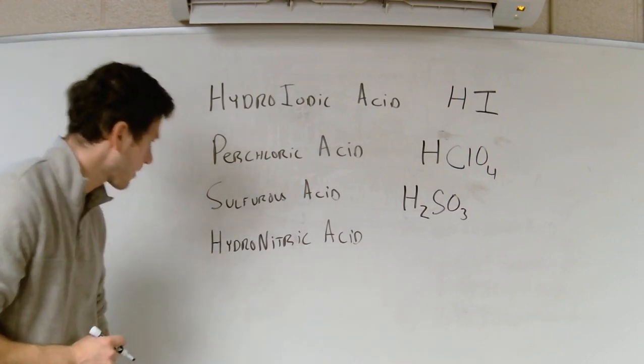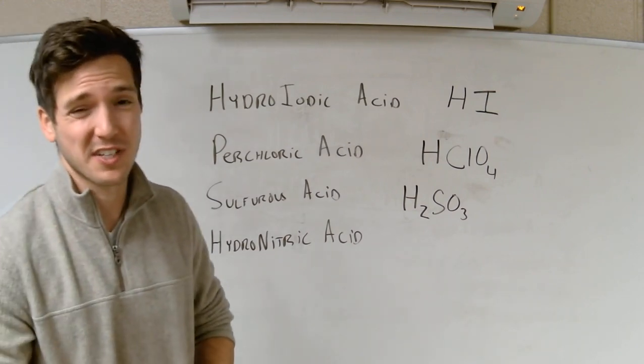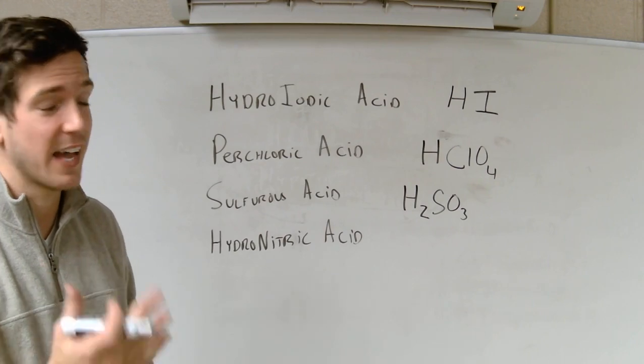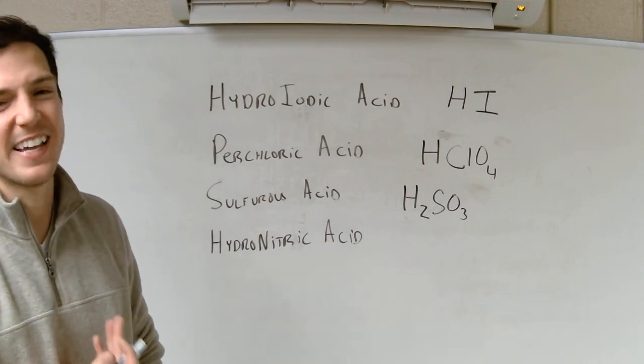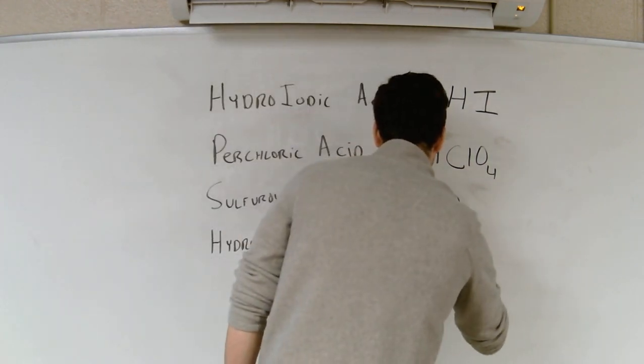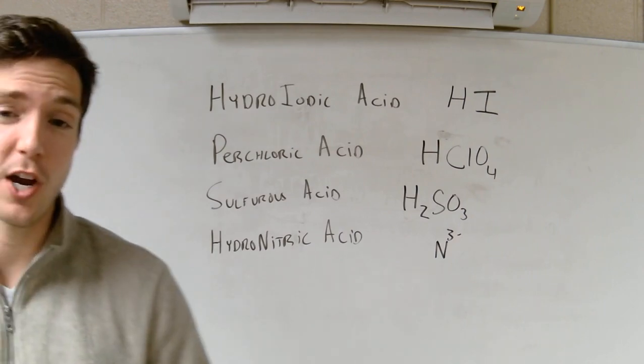Last one, hydronitric acid. It has a hydro in it, so it's probably just going to be an element on the periodic table. No polyatomic ion, it's got hydro. And then I see nitric. I'm thinking that's probably just going to be nitrogen. Okay? Nitrogen has a 3- charge.